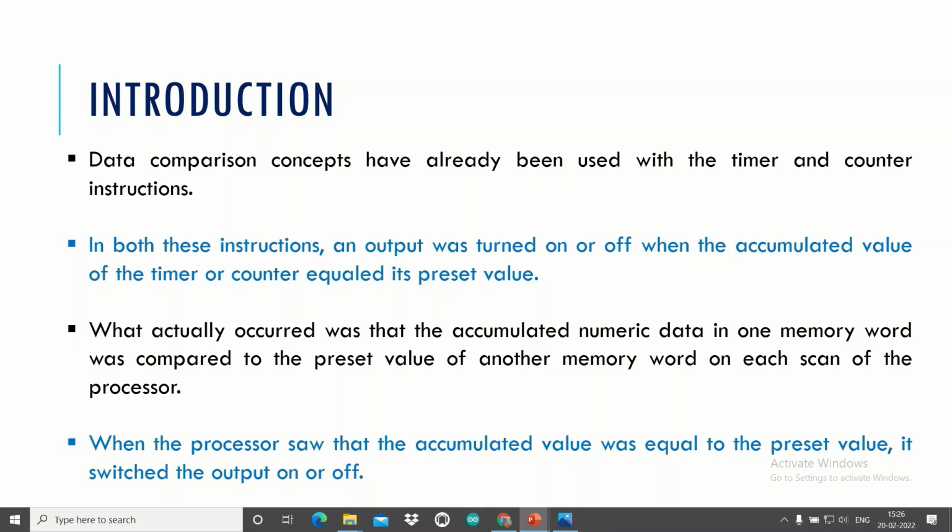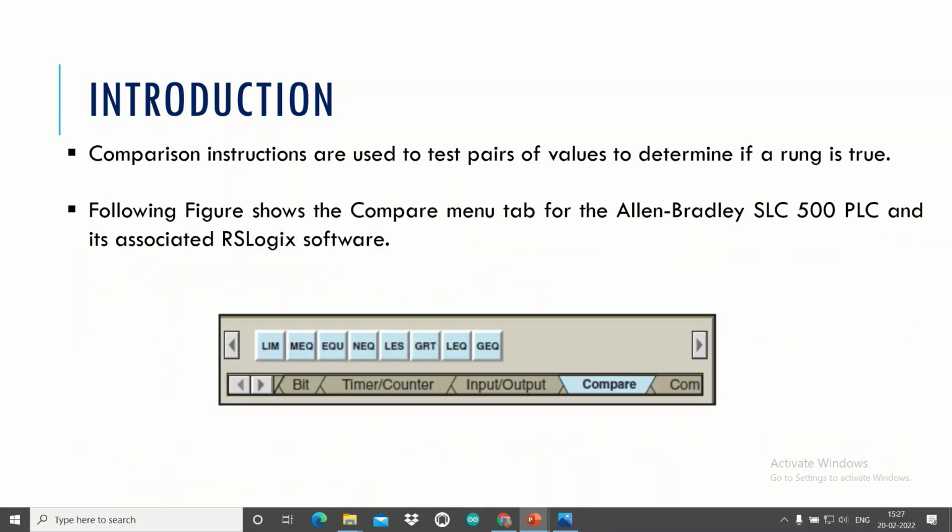Now why did this happen? This happened because the processor keeps on continuously comparing whatever the data is there in one of the registers, that is the accumulator, and in the other register, that is the preset register. So whenever the processor finds that both values are equal, yes, it takes the decision.